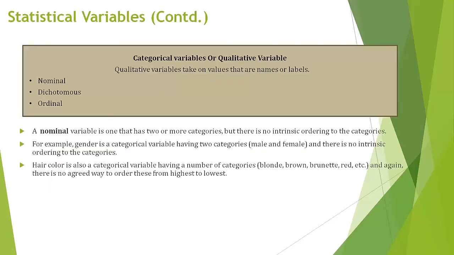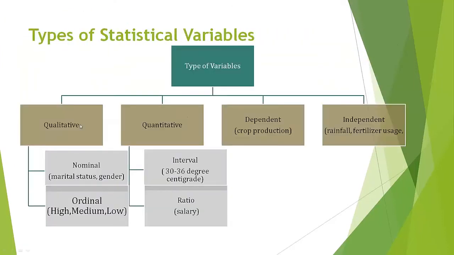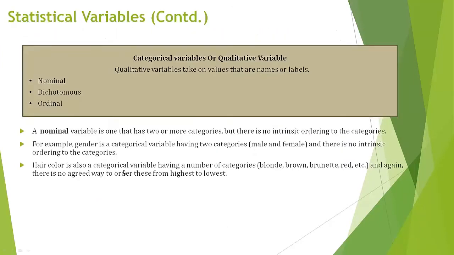Now, going further, the qualitative variables that we saw, this is the first box. We are dealing with it in greater detail. Qualitative variable, as we said, nominal, ordinal, there could be something called dichotomous as well. A nominal variable has two or more categories, but there is no intrinsic ordering. That's what I mentioned.